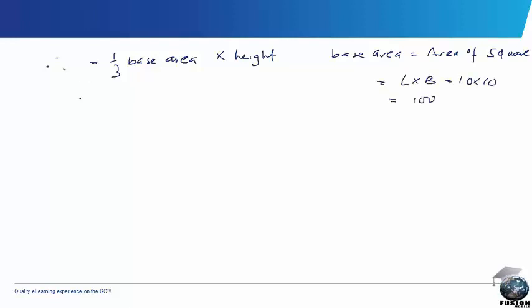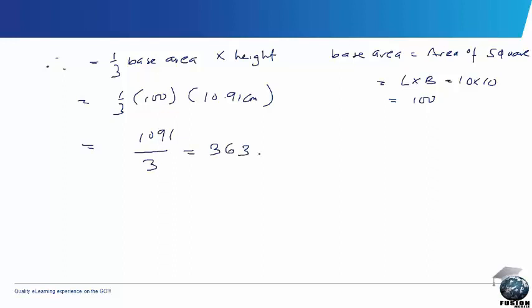And so 1/3 times base area 100 times height, which is 10.91 centimeters, gives 1091 over 3, which is 363.67 centimeters cubed.